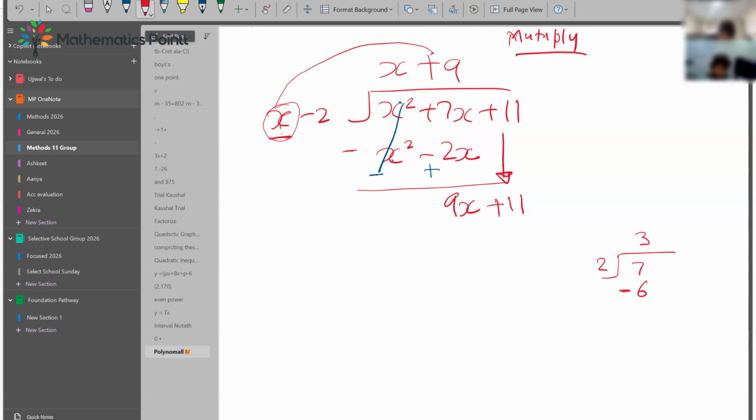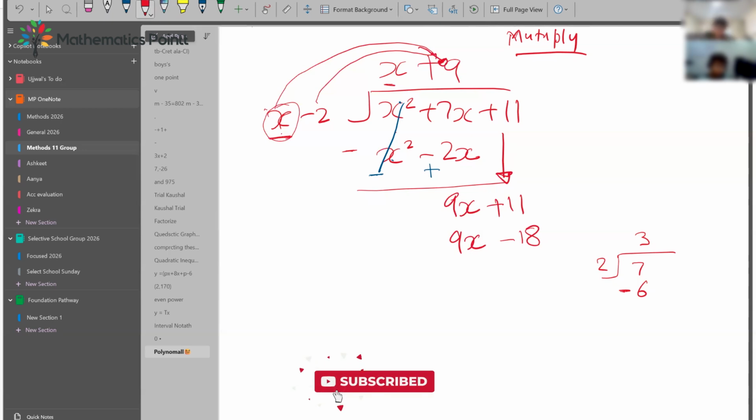X times positive 9 is positive 9x. And minus 2 times 9 is minus 18. I subtract them, which means I have to flip the signs at the bottom. Positive 9x becomes negative 9x. And minus 18 becomes positive 18.